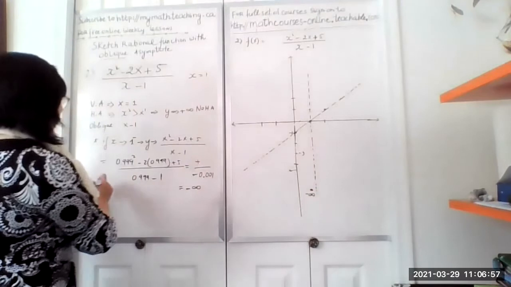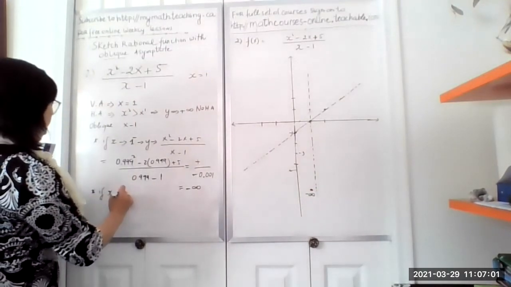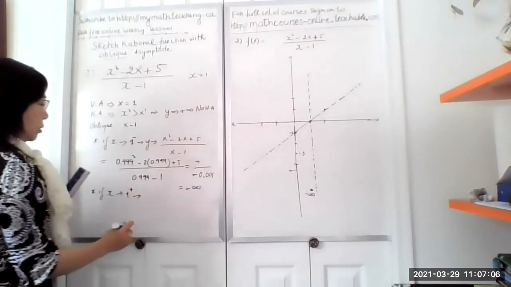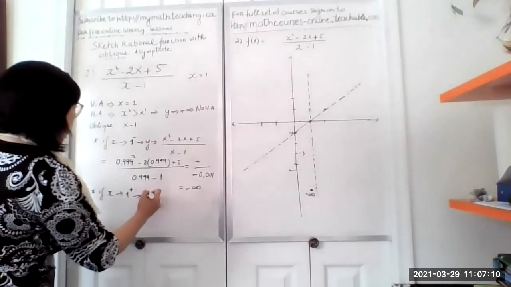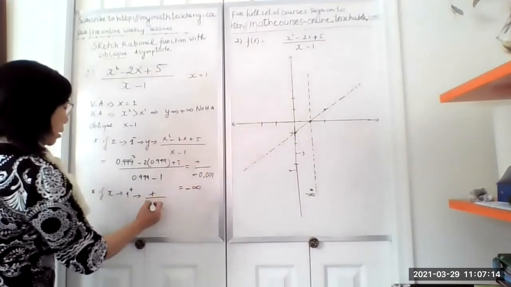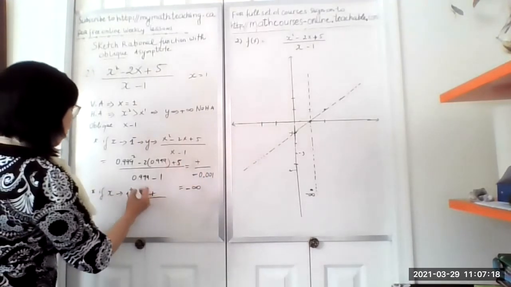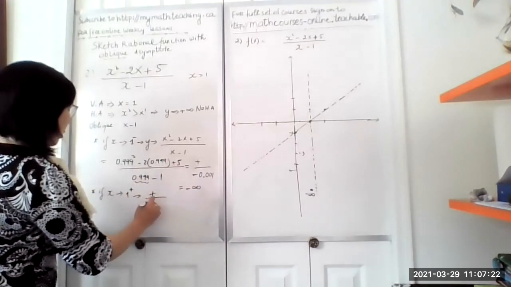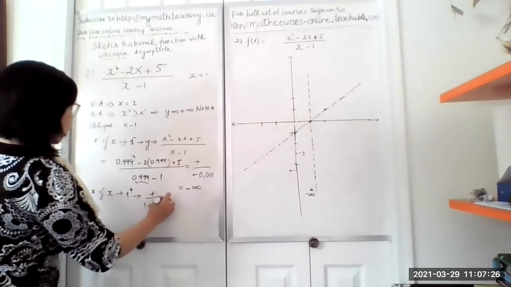Now let's take a look at x approaching 1 from the right-hand side. If x approaches 1 on the right-hand side, the scenario is still a big number on top, because this number 5 is big. And instead of 0.99, we change it into 1.01 minus 1.